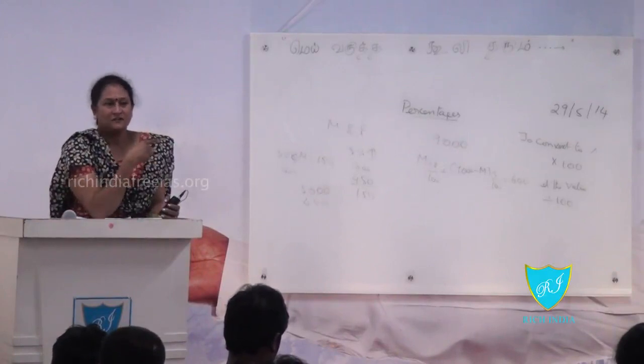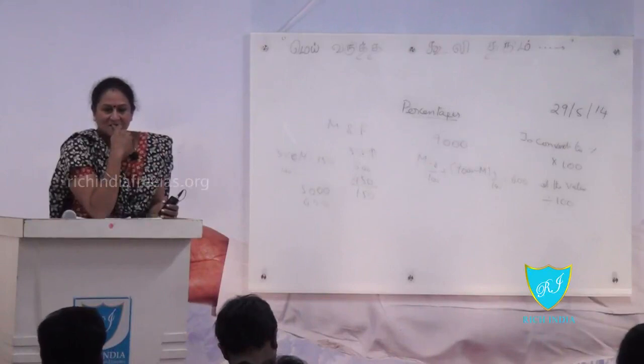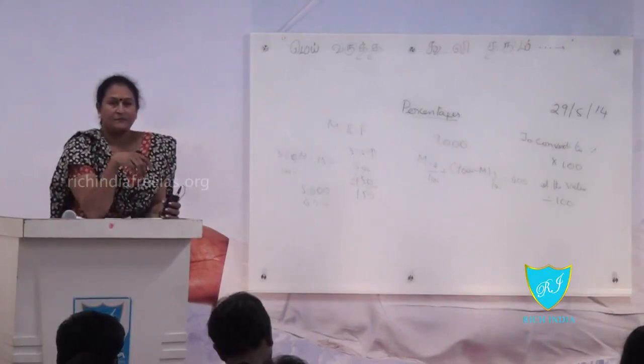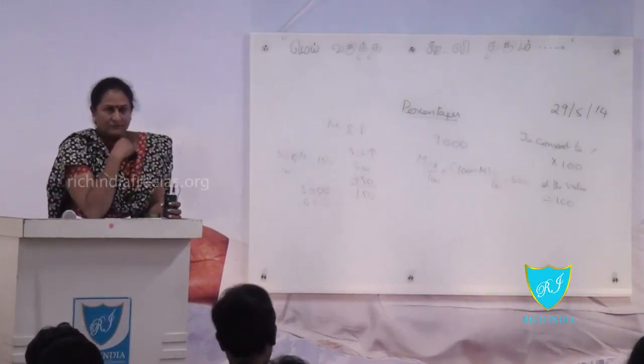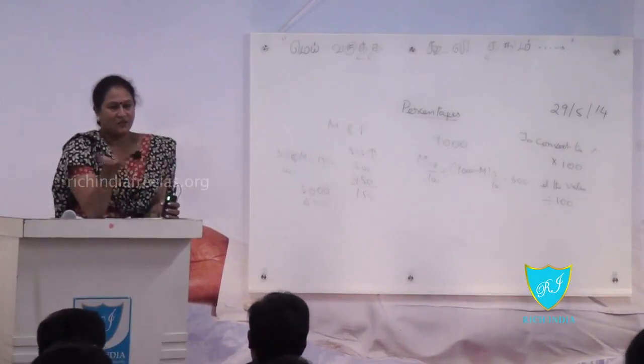So, did you understand this? Yeah, this. 8%, so it will be 4000.